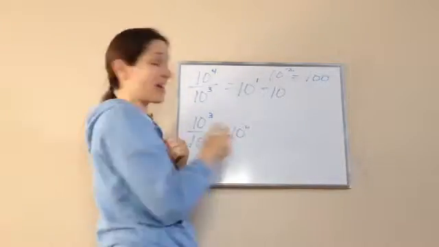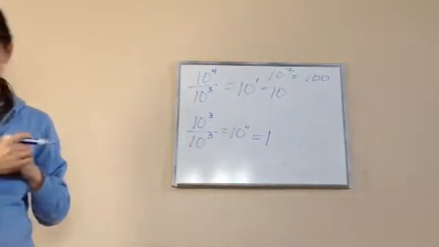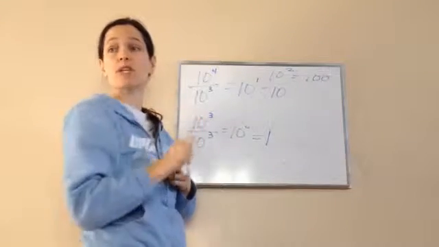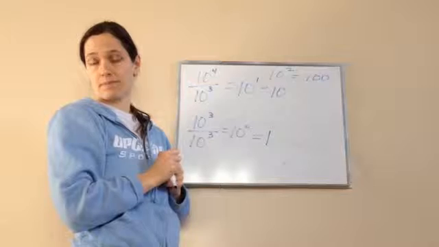Now, that's very important for you to know. I want you to write that down, that anything that has an exponent of 0, the answer will always be 1.